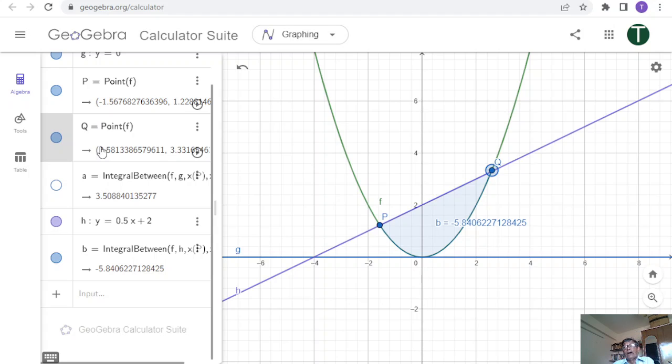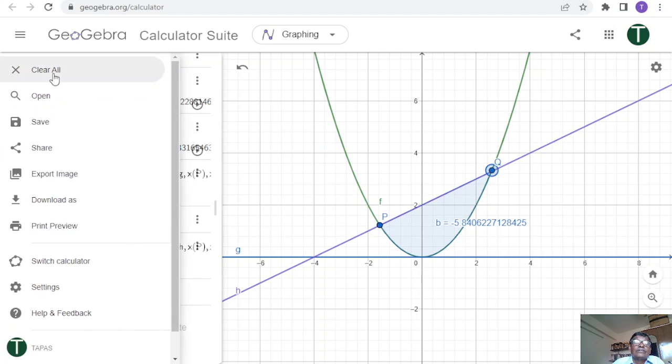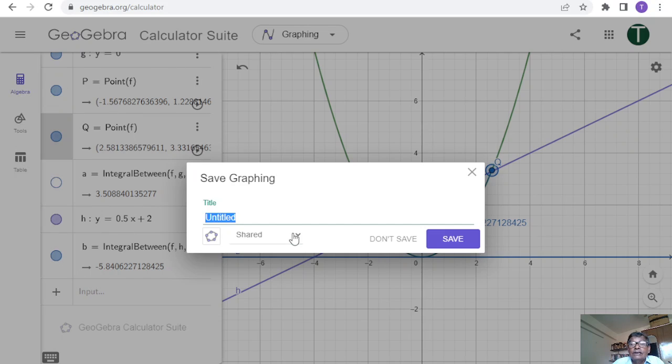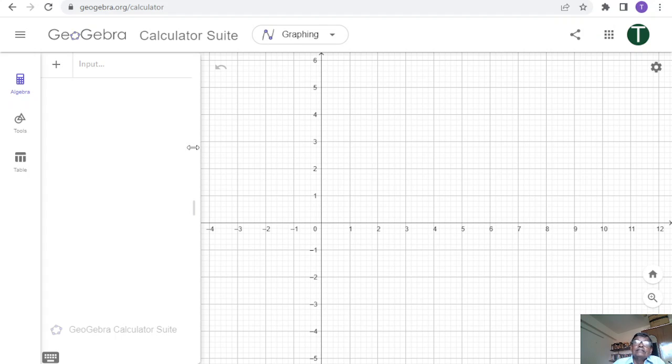Okay. Now, another example I will just give, and then I will stop today's lecture. Clear all, don't save anything. Suppose you have a function, say sin x.